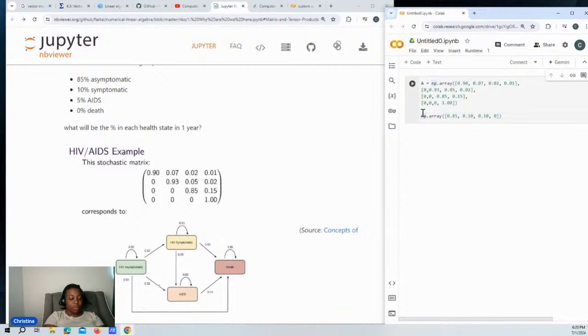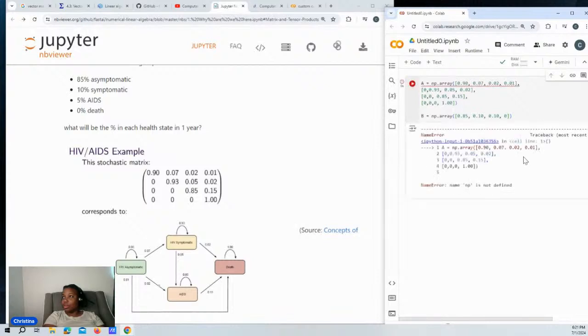And we usually start with A and B. All right, make sure I didn't screw up just getting those saved. Oh yeah, I need to import it.